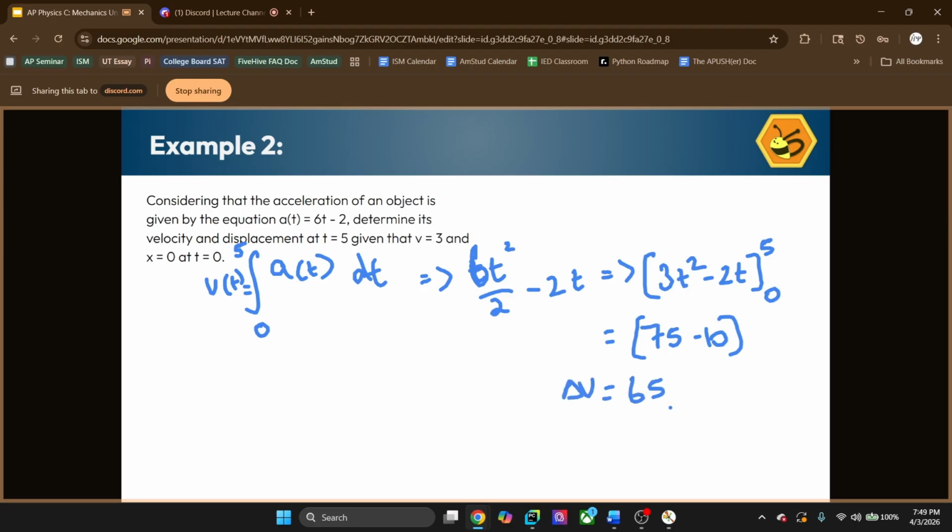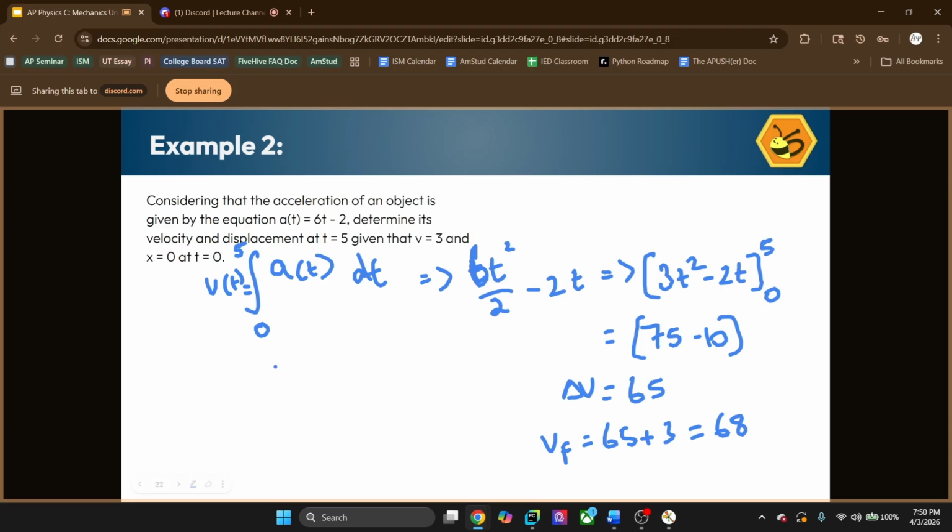So we know that delta v equals 65, and since we know that at t equals 0, v is 3, vf is going to equal 65 plus 3, and that's equal to 68. So we know what the velocity is at t equals 5.